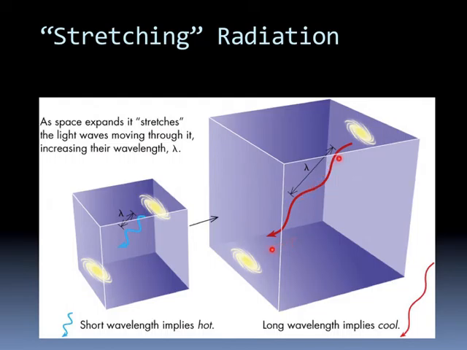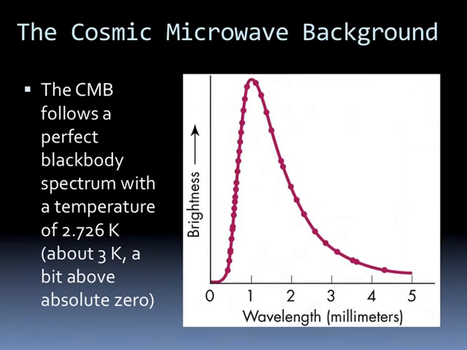And as space expands, the space everywhere expands at the same rate. And so that blue light expands into a red light. Now, if we actually look at the cosmic microwave background, it follows a perfect blackbody spectrum with a temperature of about 2.7 Kelvin, or just above absolute zero.